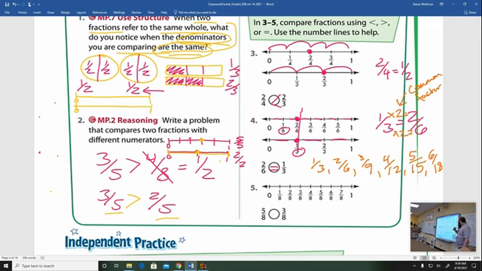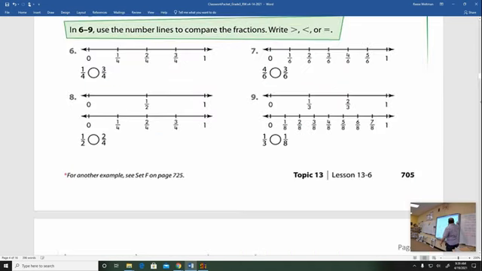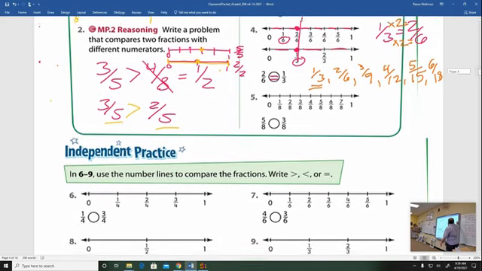What's 9 divided by 3? 3. What is 6 divided by 2? 3. What is 3 divided by 1? 3. Notice the pattern? Anytime you've got something like 1/3, you can take that denominator, divide it by the numerator, and then you can tell that these are equivalent. You guys see that? Make sense? Jed. But the one after 6/18 is 7.